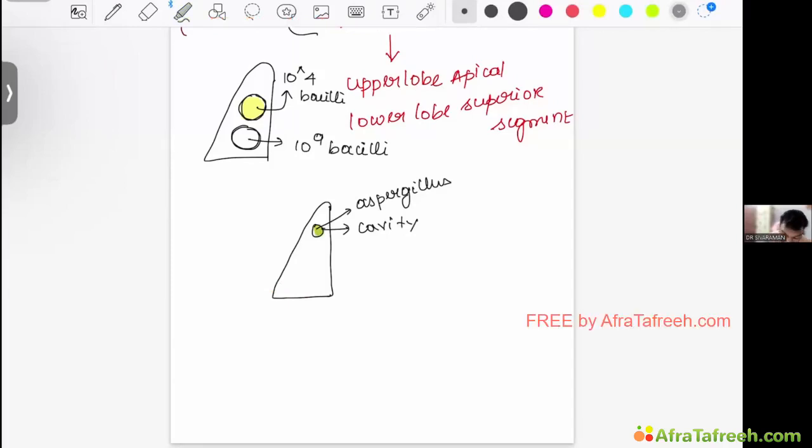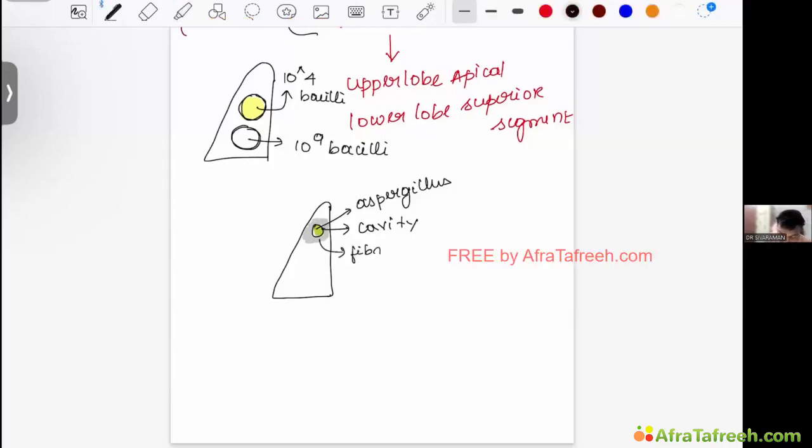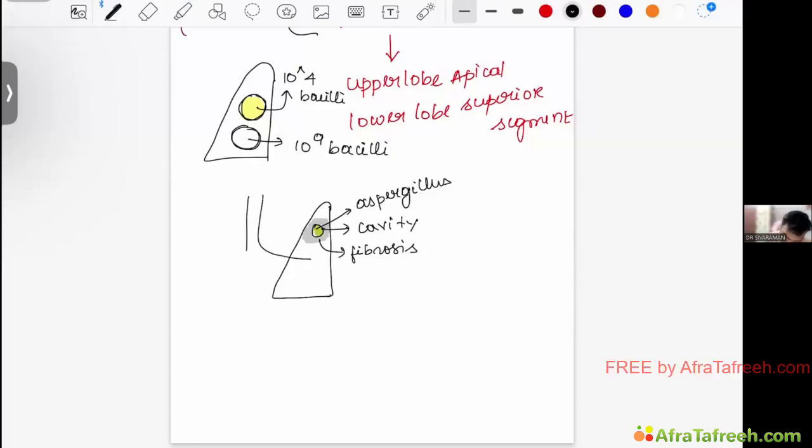The surrounding area will go for destruction, so the patient can present with fibrosis. Then this material can enter into the airway.